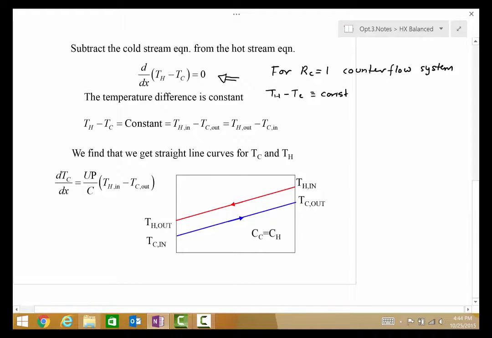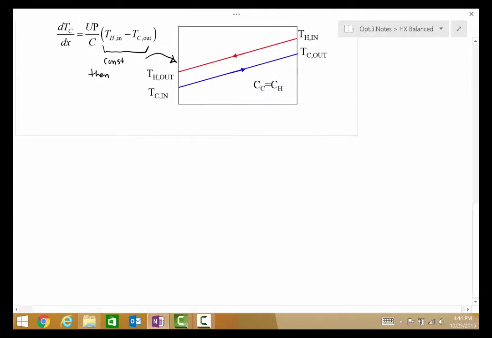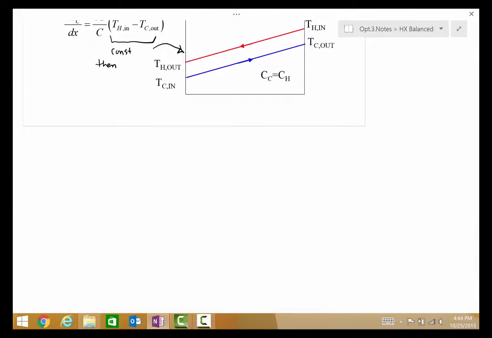If TH minus TC is constant, then dT/dx is a straight line. We find that we have straight lines because, again, if this is a constant, then this is what we have. So let's talk about the more general case that I was alluding to.